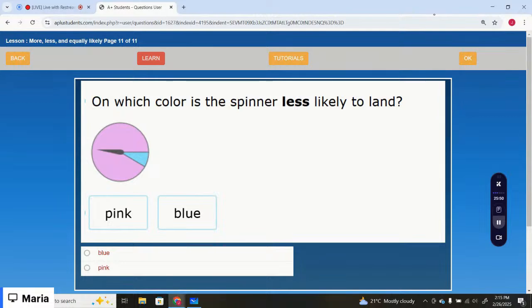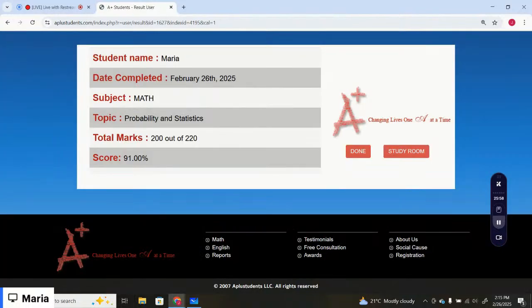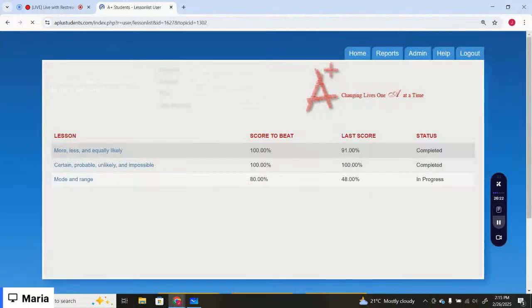It will less likely land on blue. Option number 1 is the correct option. Okay, we are done with the lesson. Let's just move on to the next lesson.